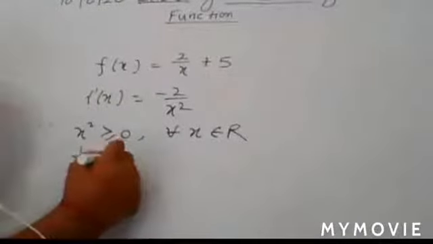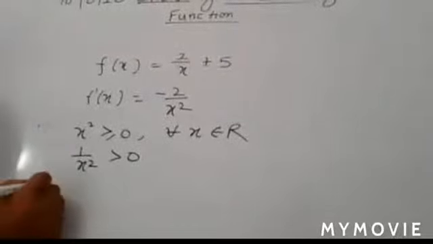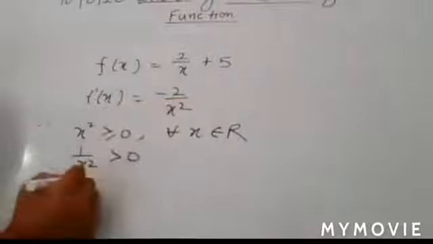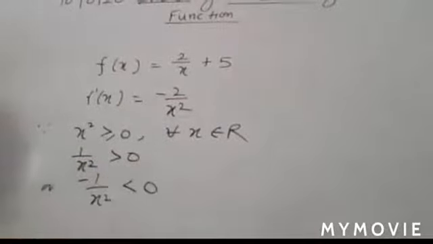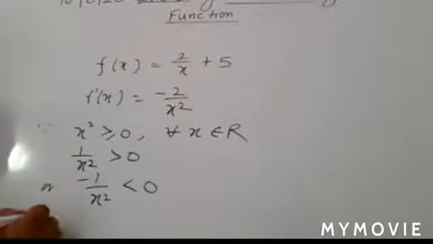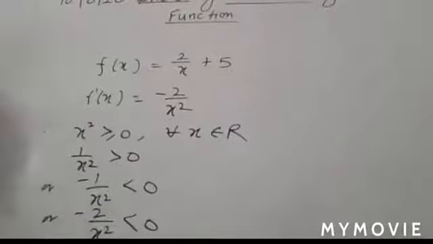So you can write that it is only greater than 0. So 1 by x square is greater than 0. So what about minus 1 by x square? The inequality changes, so it is less than 0. And what about minus 2 times 1 by x square? That is also less than 0.